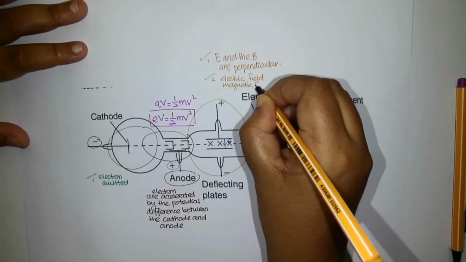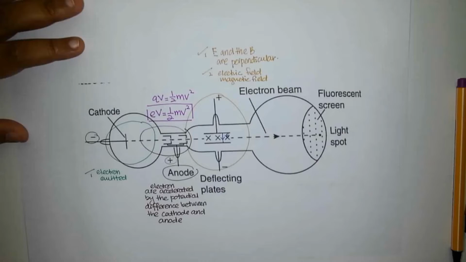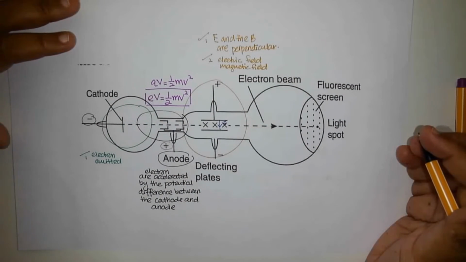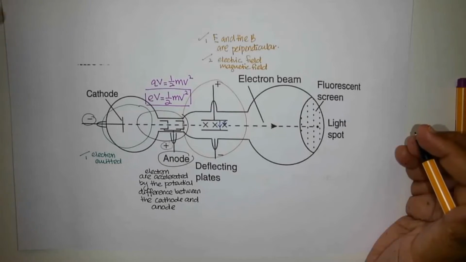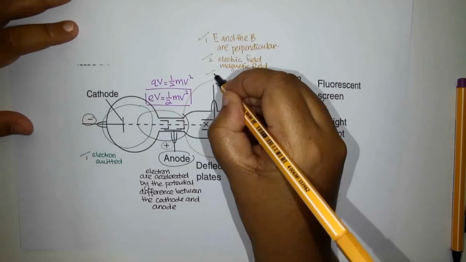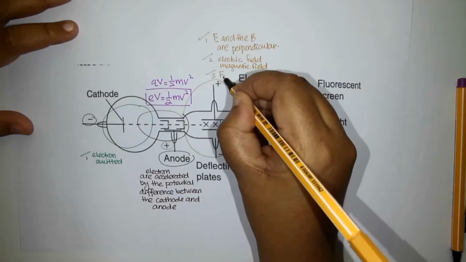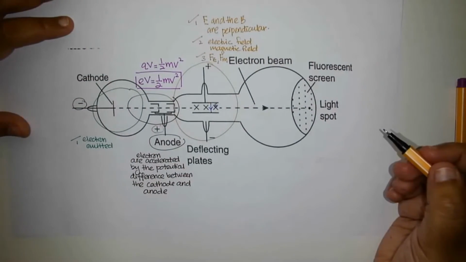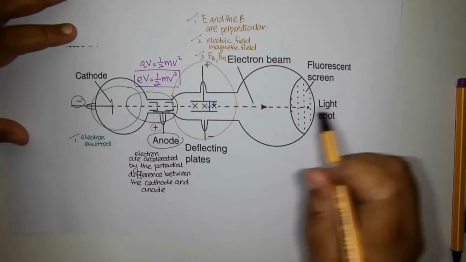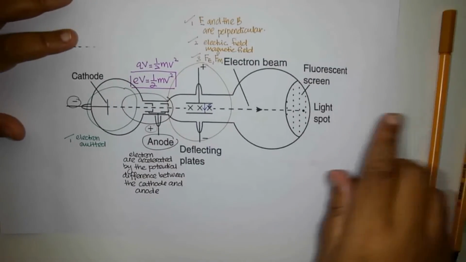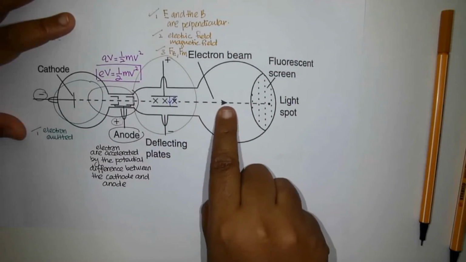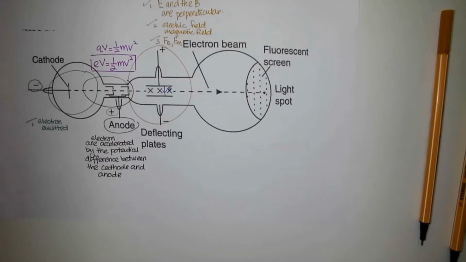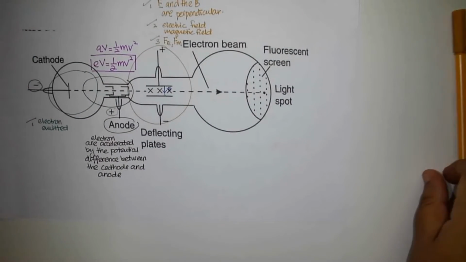That means the electron will experience two forces, Fe and Fm, the electric force and the magnetic force. Then the electron will pass and hit the fluorescent screen. Let's look at three situations that can possibly happen.